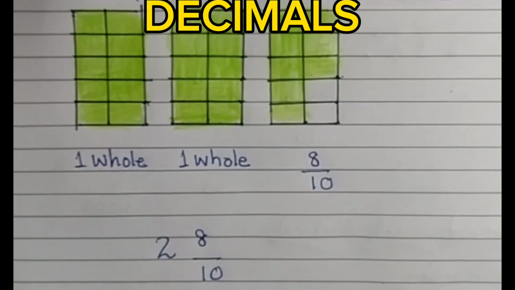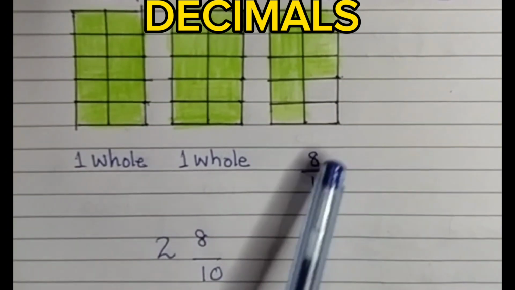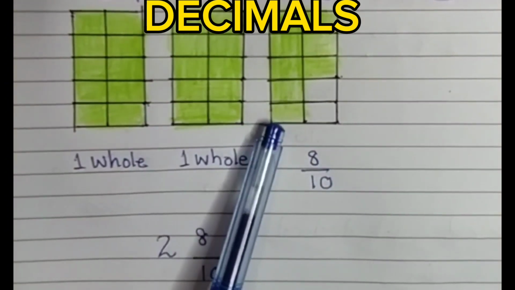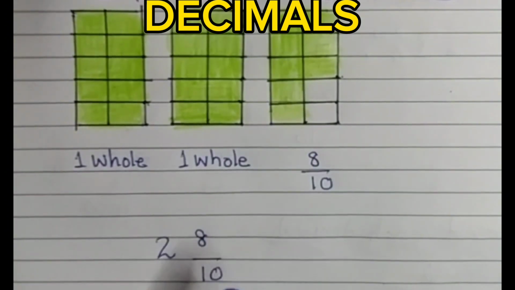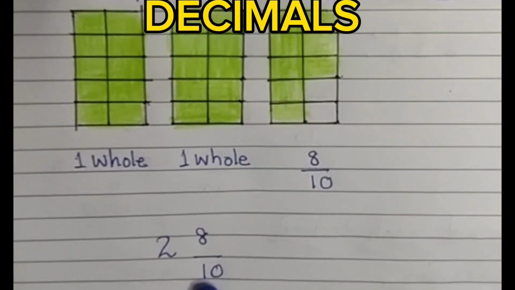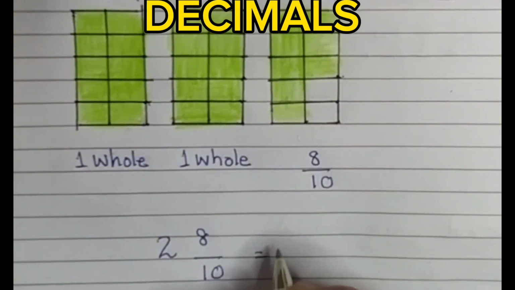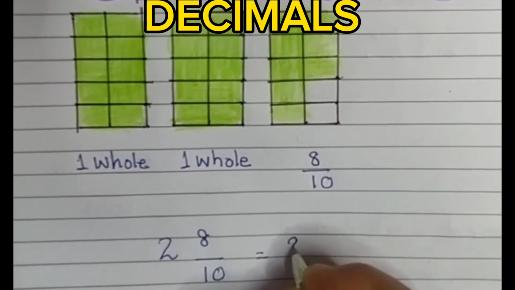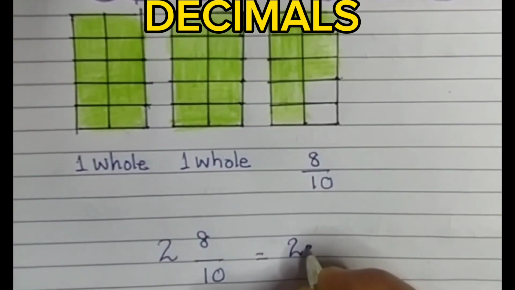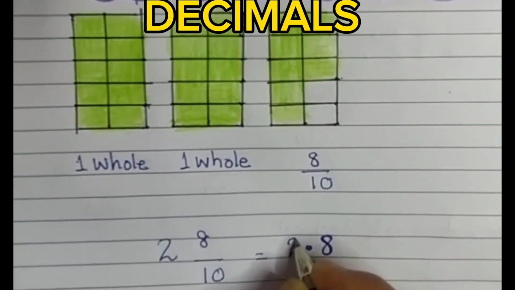Isn't it so? If there are 2 wholes, 2 wholes will come on this side. 8 upon 10: 8 parts are shaded out of 10 parts. If I ask you to write this 2 whole 8 upon 10 as a decimal, how would you write it? 2.8 will be my answer.